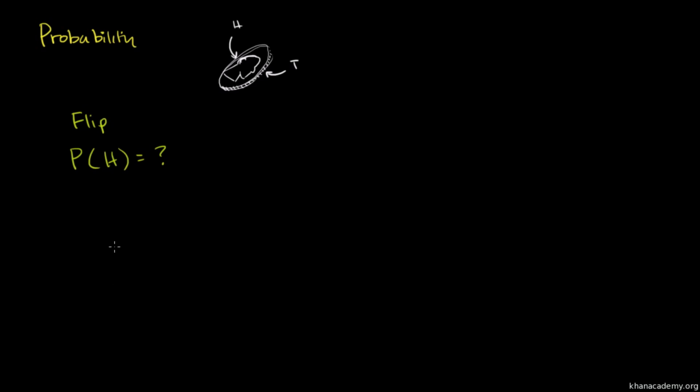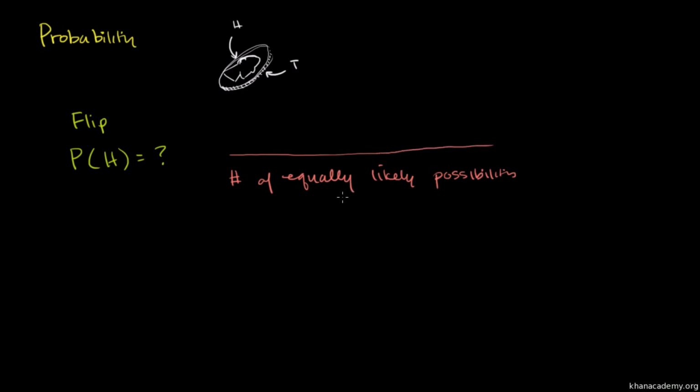So, one way to think about it, and this is the way that probability tends to be introduced in textbooks, is you say, well, look how many different equally likely possibilities are there. So, the number of equally likely possibilities.